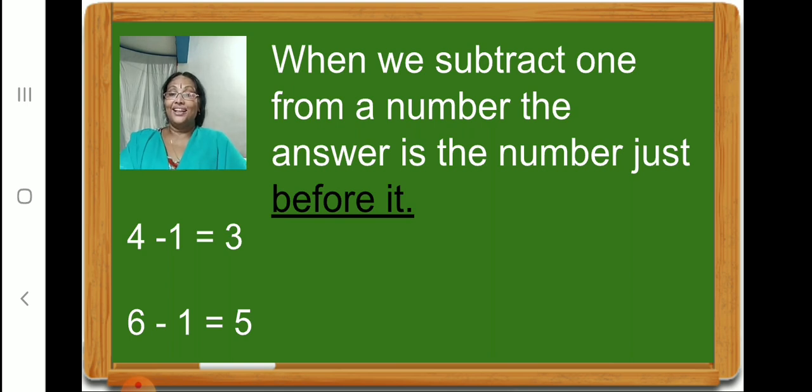Now let us do the next sum. 6 minus 1 equal to 5. Children, when we subtract 1 from 6, the answer is the number before it, that is 5.